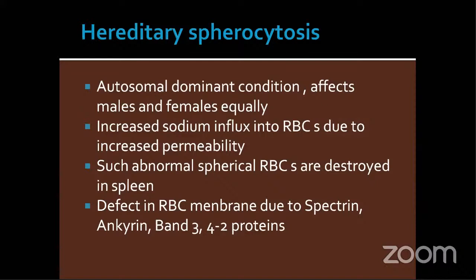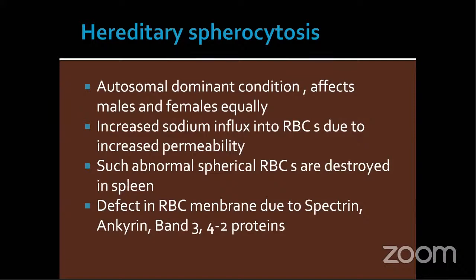The RBCs, which are supposed to be biconcave, have become spherical in shape. It is because of increased sodium influx, which increases the permeability of the membrane, leading to more influx of fluid and a spherical RBC.